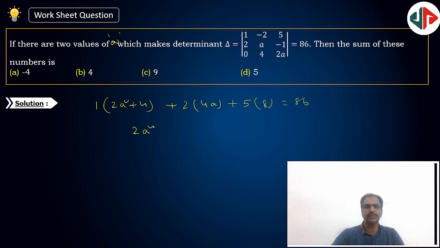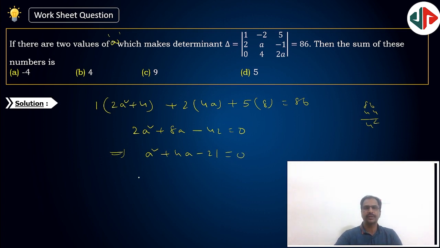So this is 2a square plus 8a plus 44 minus 86, that is 42. Minus 42 is equal to 0. From this, a square plus 4a minus 21 is equal to 0.